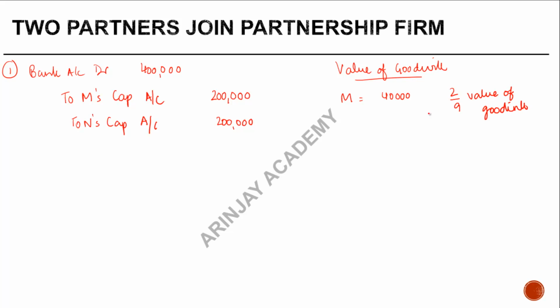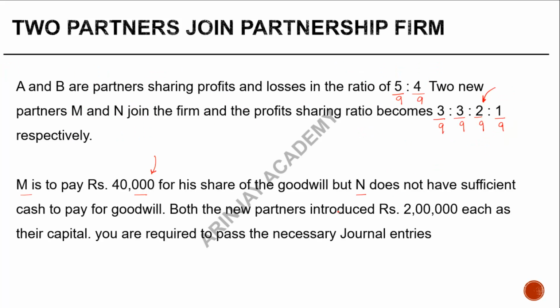If you use the unitary method, the value of goodwill will be equal to 40,000 divided by 2/9, or simply 40,000 into 9 divided by 2, which will give you 1,80,000.